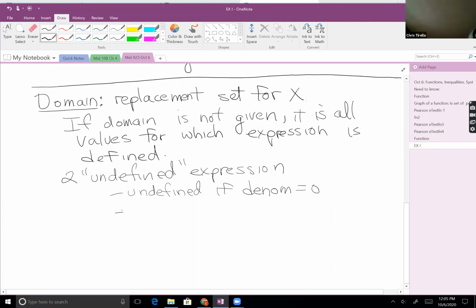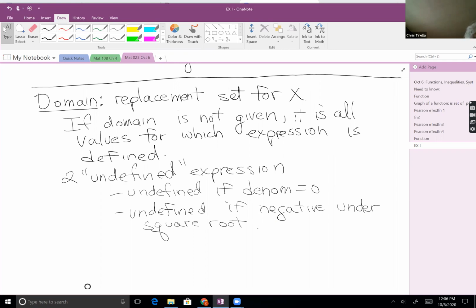And we can't take the square root of a negative number, so something will be undefined if there's a negative under a square root. And hopefully both of those are ideas that you're familiar with.